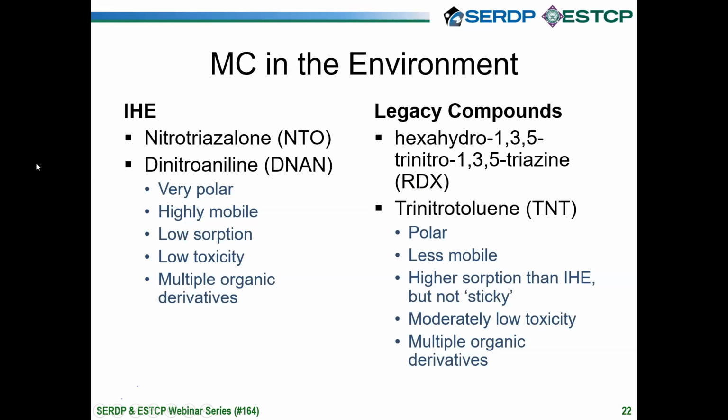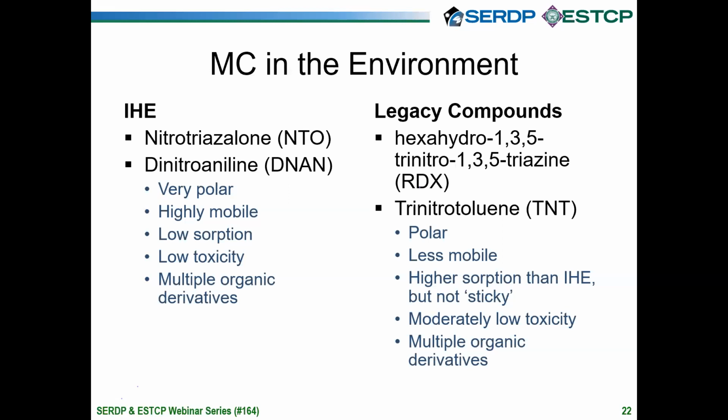But in general, this relatively higher polarity means that they are more likely to migrate in surface water and groundwater environments. Now, in doing so, all of these compounds will undergo certain amounts of degradation and transformation.